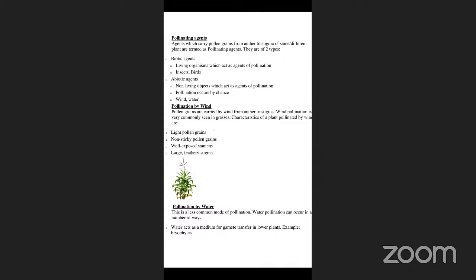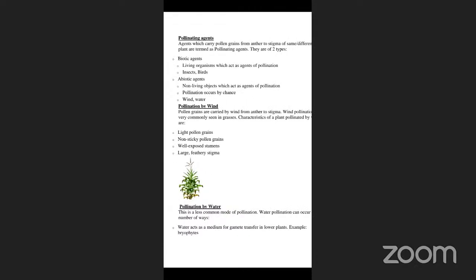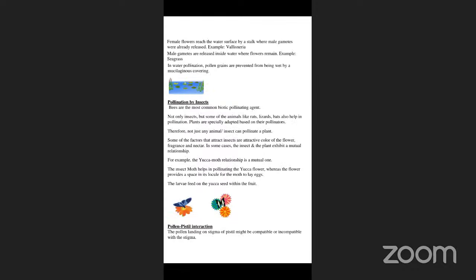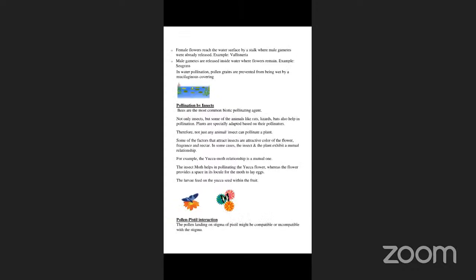Pollination by water. This is a less common mode of pollination. Water pollination can occur in a number of ways. Water acts as the medium for gamete transfer in lower plants, for example Bryophyta, Vallisneria, etc. Next, female flowers reach the water surface, and some different types of flowers reach the water surface by stalks where male gametes were already released.